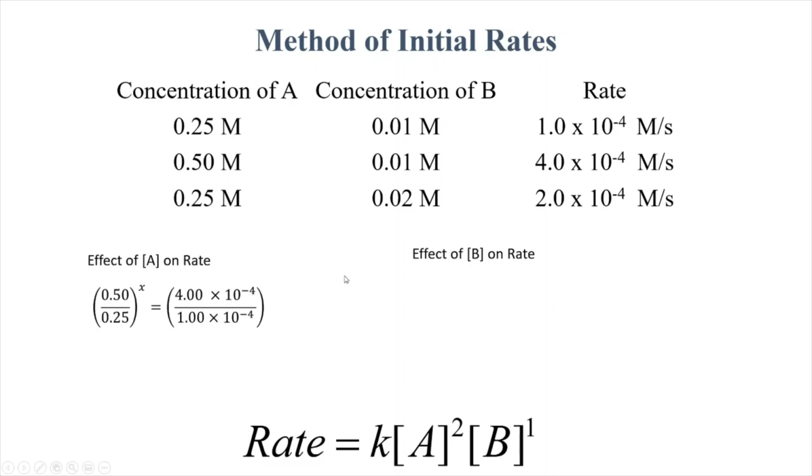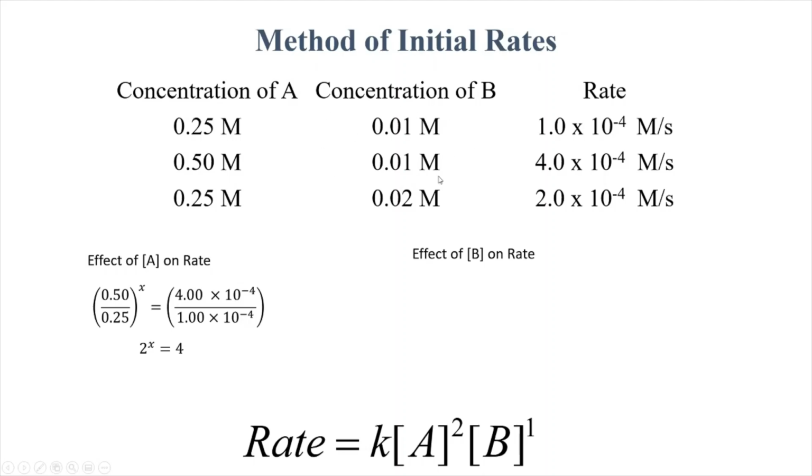So let's take a look at this and start to look at the effect of the concentration of A on rate. So we can select two of these trials. We have trial 1, trial 2, and trial 3. And we can basically say, well, let's look at trial 1 and trial 2. In trial 1 and trial 2, we hold B constant.